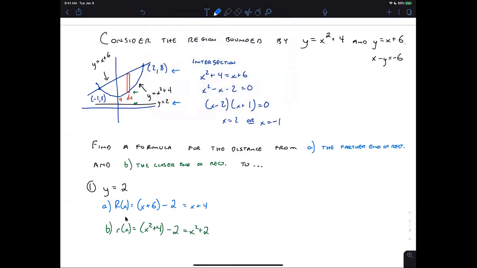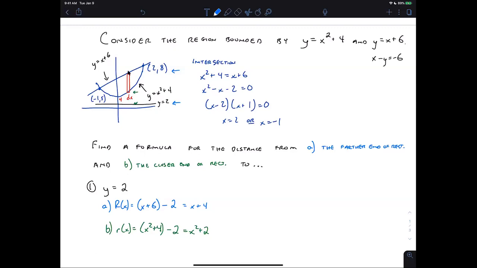Can you explain it again? I mean, how do I know where's the farthest end of the rectangle? Okay, so you're looking at y equals 2, right? Because whichever end, and then y equals 2. So looking at the diagram, which end of the rectangle is farther away from y equals 2? This end or this end? Which one's farther away from this line?